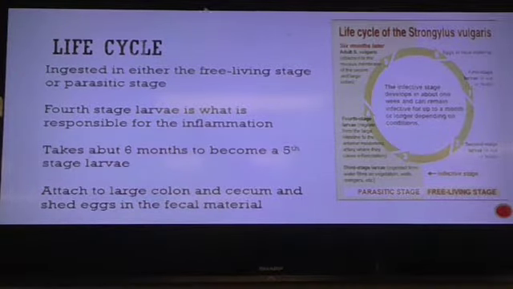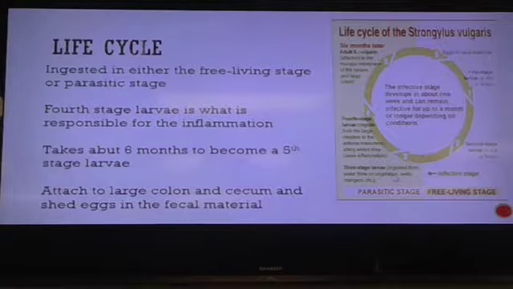This is an overview of their life cycle. The first and second stages are the free living stage, which can be found in the soil or the feces, and this is not the infective stage. But when you get to stage 3, that's when it becomes the parasitic stage, but this can also be in the vegetation and water films.